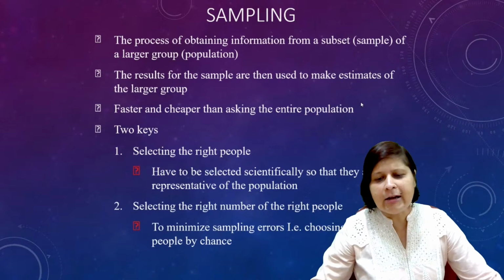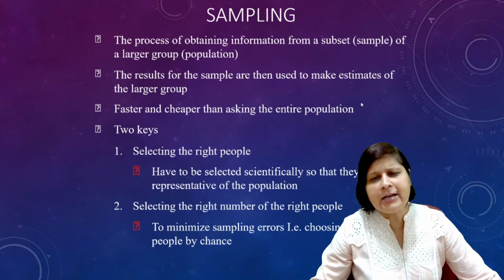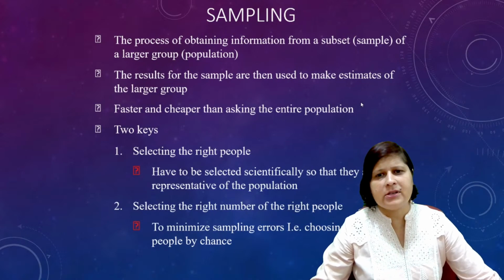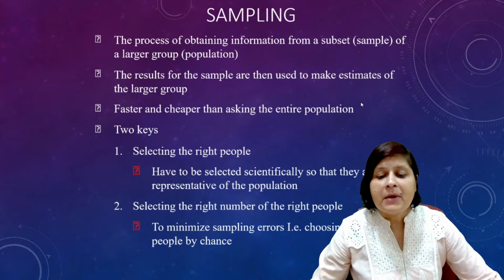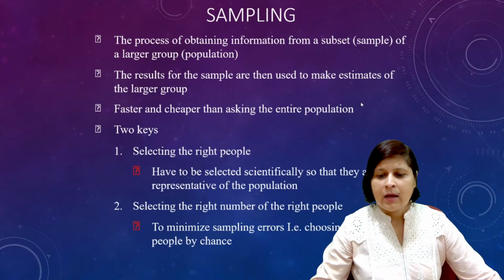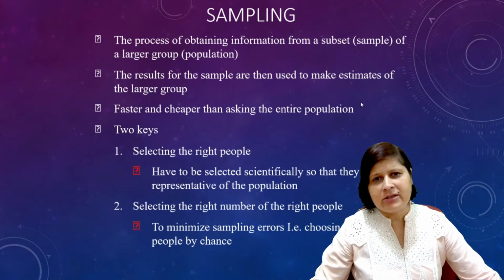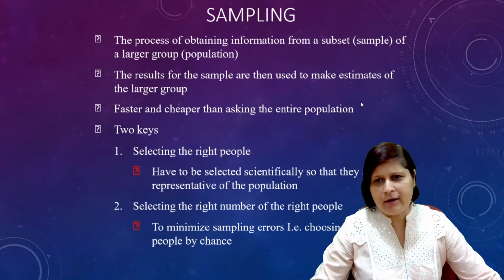What is the right number of samples we should select for this study? It is very important. Why is it required? To minimize the sampling error, that is choosing the wrong people by chance. There is always a scope of error.